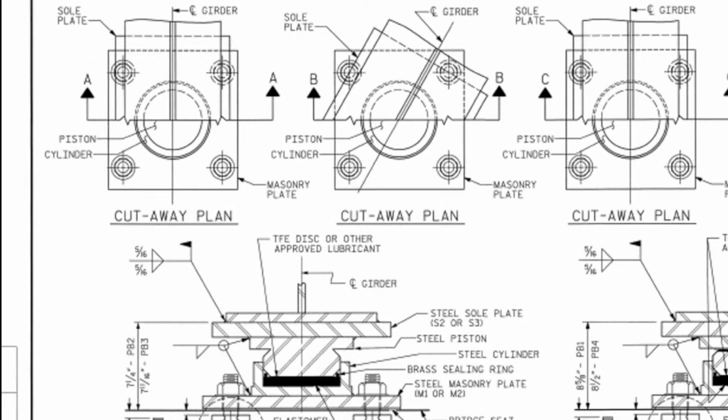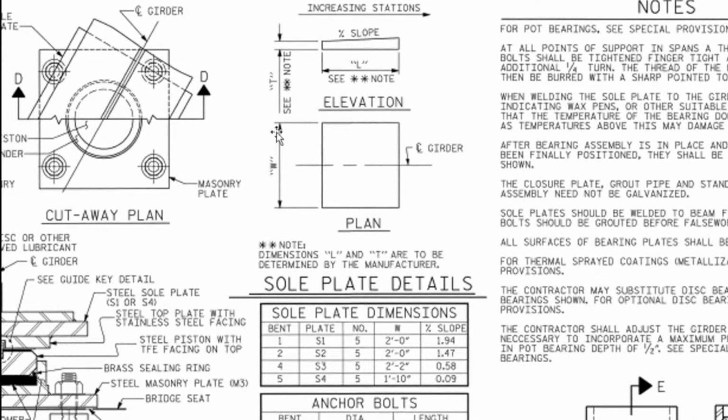So next, we have the same cutaway plan, and we have elevation and plan. Details of the bearing. Bearing is located at the top of the pier cap or the pier itself or the column, and it is the lowest placed superstructure component.